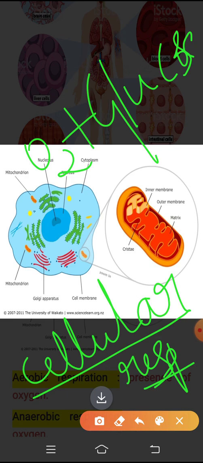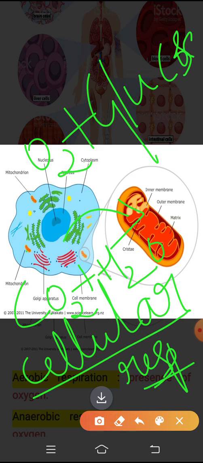I told you where it is released: in the mitochondria, right? So the energy is released, and along with the energy, carbon dioxide and water are also released as byproducts.